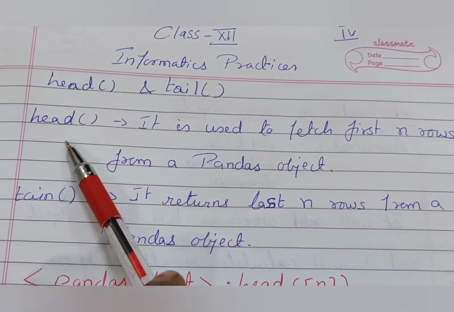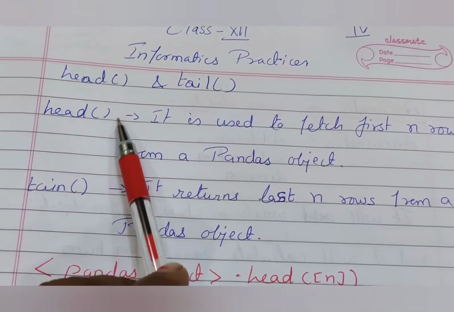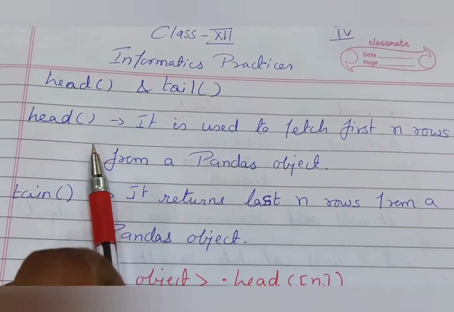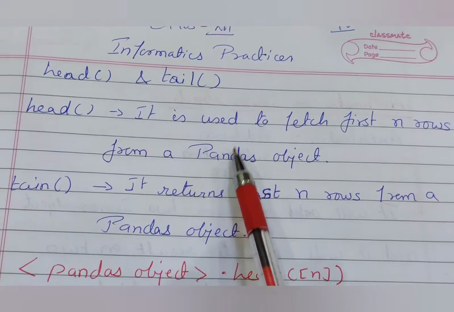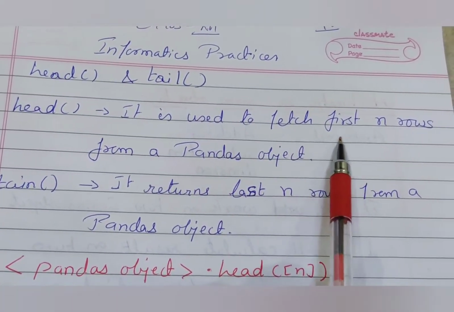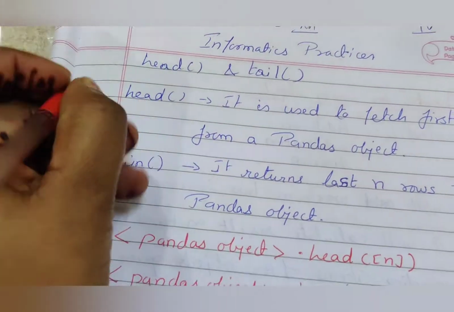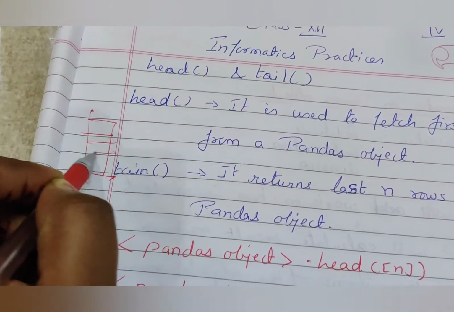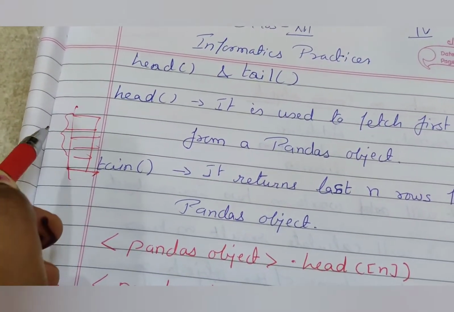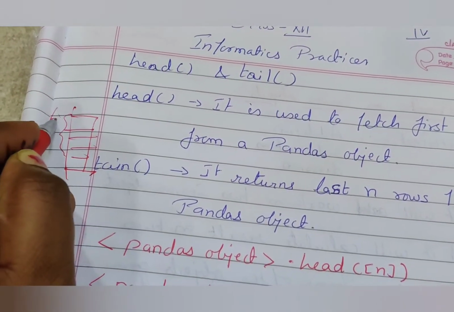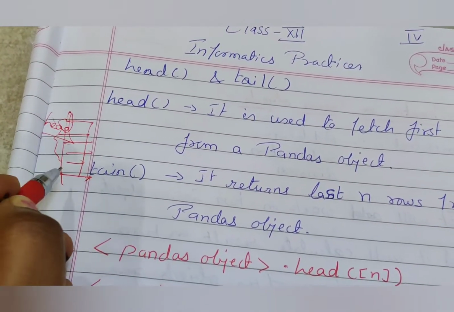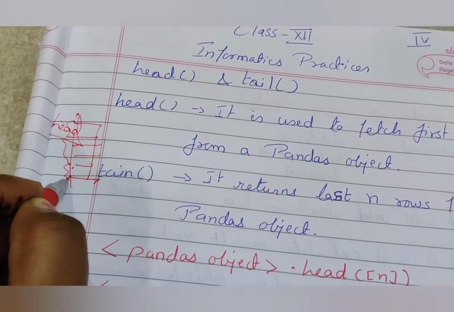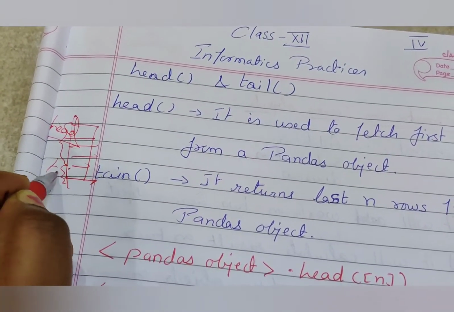Head, by getting this word head, what does it mean? That we have to fetch the first n rows. N rows means what? Suppose this is your object, the starting will be your head, and at the end, the values are known as tail.